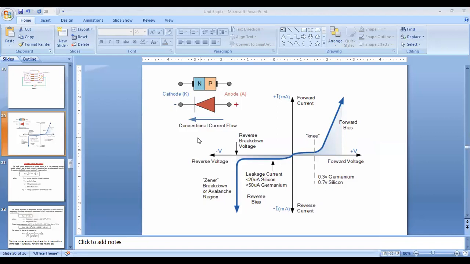When no voltage is applied, and applying voltage to the diode is called biasing. Applying some voltage externally to the diode is called biasing. If no bias is applied, then no current flows through the junction diode.